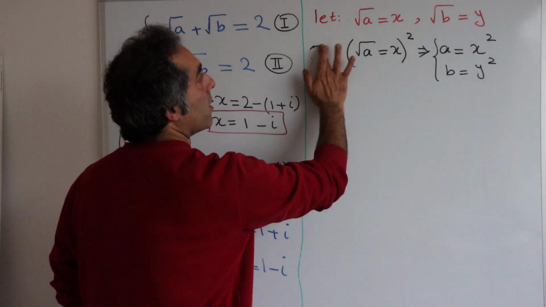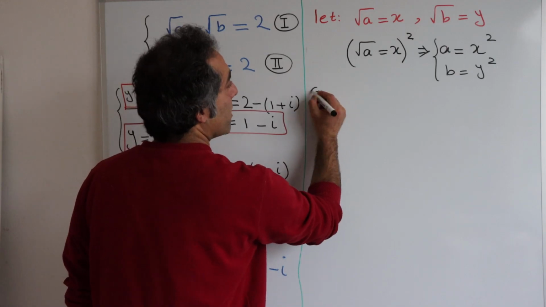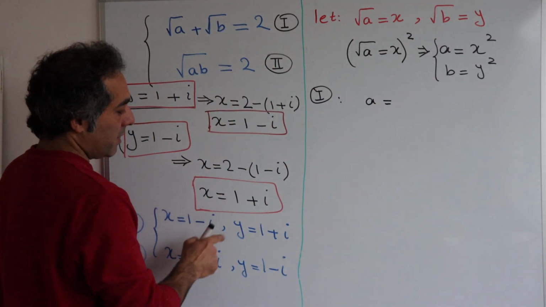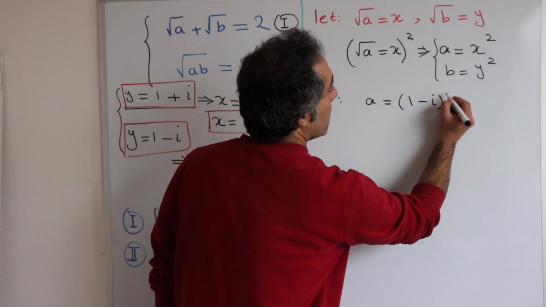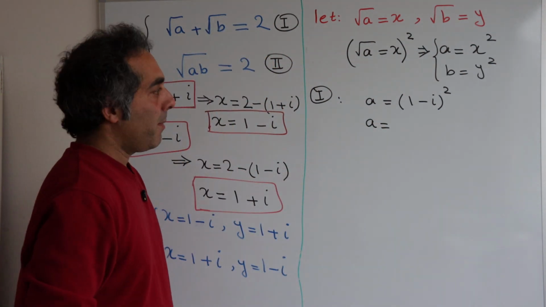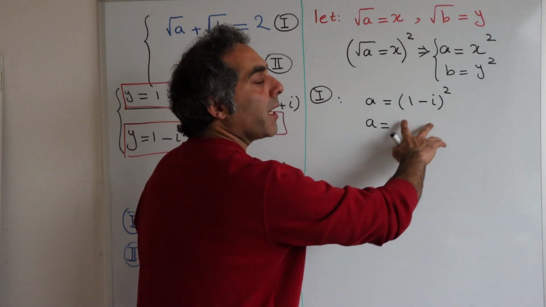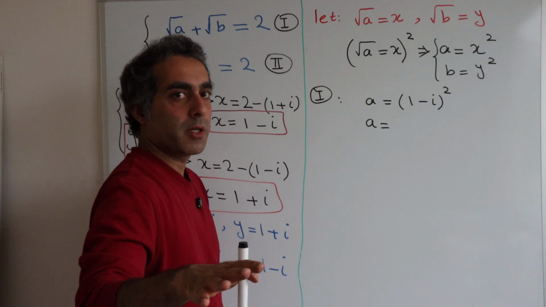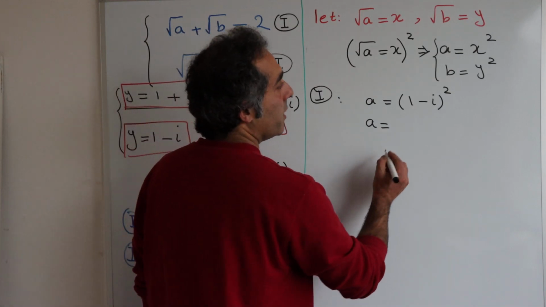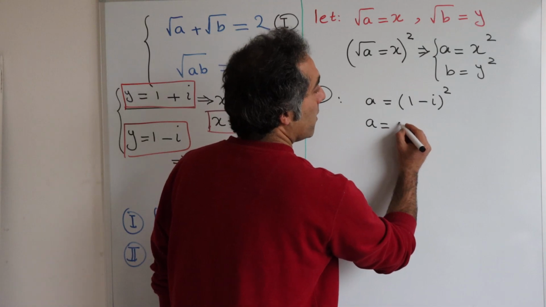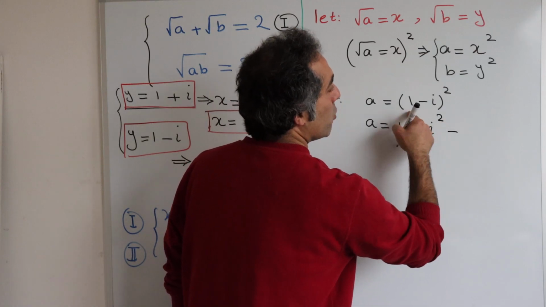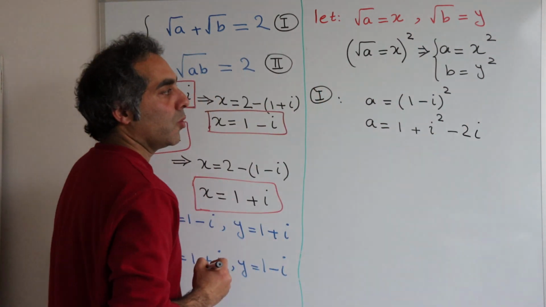Now I can write the first pair here. a is x squared, 1 minus i squared, so by the mathematical identity here, if you don't know, just follow my other videos, because I explained it in other videos. 1 squared plus i squared minus 2 times these two expressions.